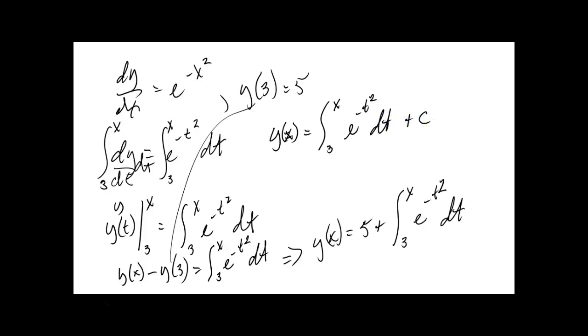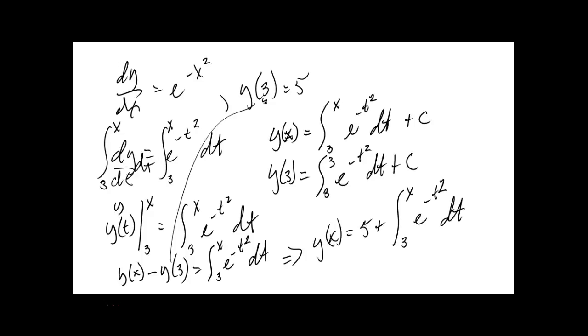And then what we would do is evaluate this at x equal 3, because that's what we are doing here. So y of 3 would then be the integral from 3 to 3 of e to the minus t squared dt plus c. What is an integral from something to itself?